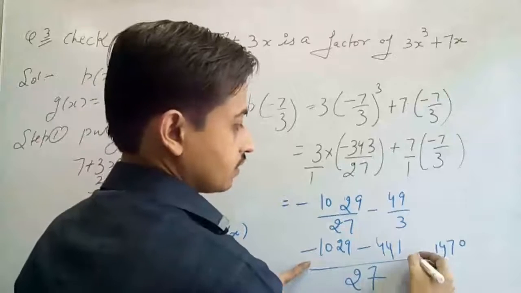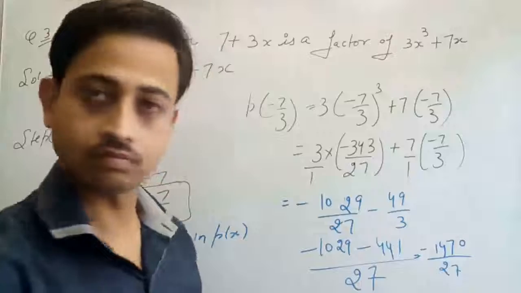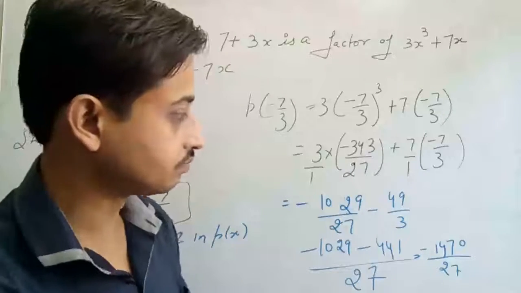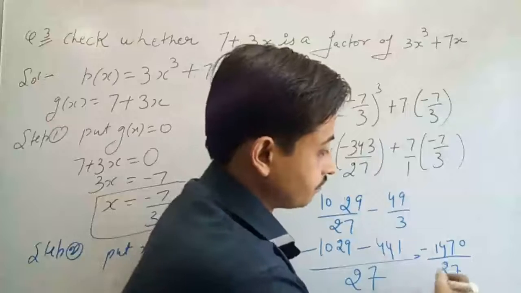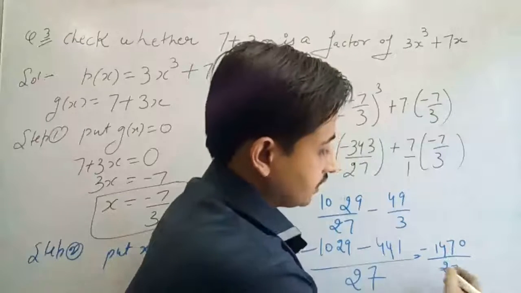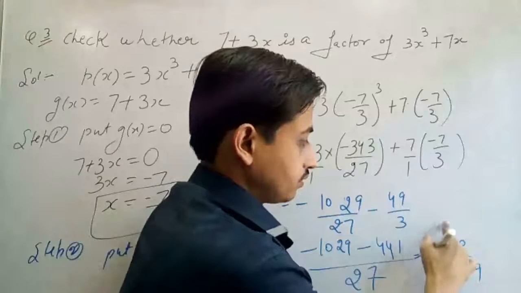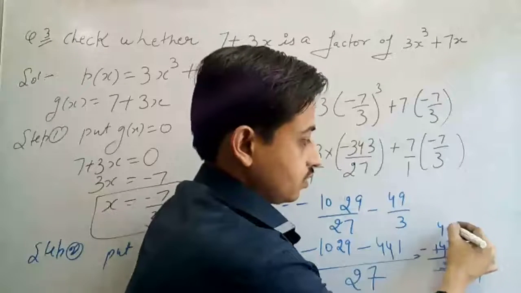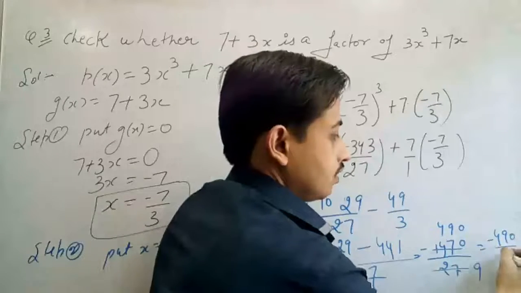And the sign is negative over 27. If you cut them, I think this will be cut by 9. 3 nines are 27, 3 fours are 12, 3 nines are 27, 0. We get minus 490 by 9.